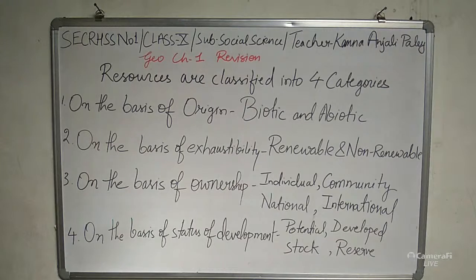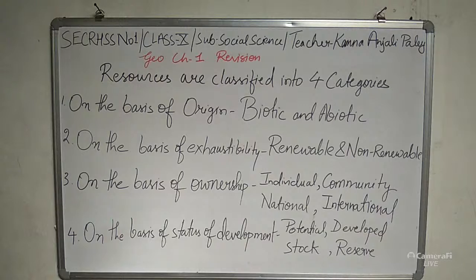Like forest, various areas of forest have been reserved so that they can be conserved. And likewise, various resources, some part of those resources has been considered as a reserve so that the future generation can use those resources.